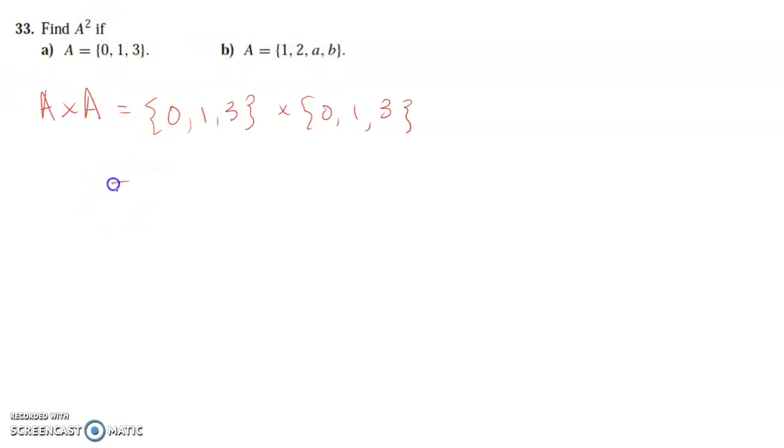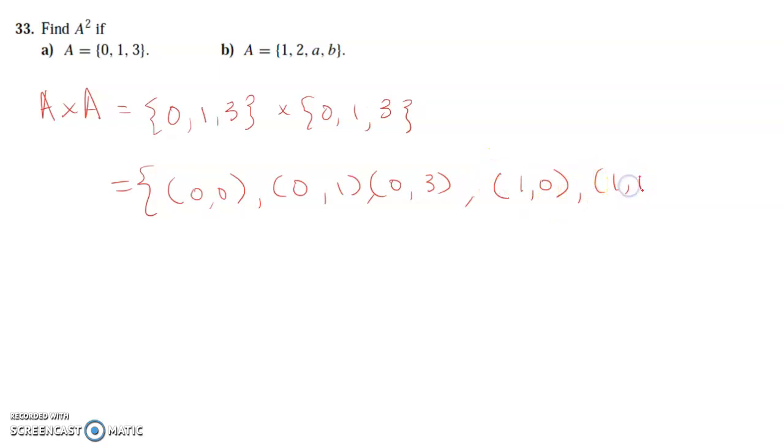To get you started, it would look something like 0, 0, and also 0, 1, 0, 3, and now moving on to 1, 0, 1, 1, 1, 3, and so on. Okay, I'll leave you guys to finish part A and also get part B done.